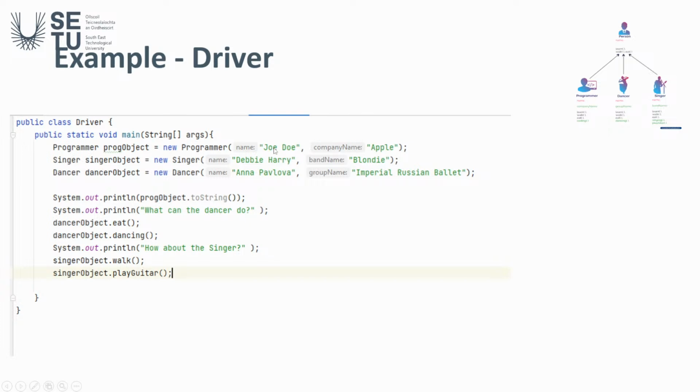So it's calling its own constructor: the constructor for programmer, the constructor for singer, the constructor for dancer. Then when you call the programmer object's toString, it calls the programmer object's toString. It calls the eat and the dancing.